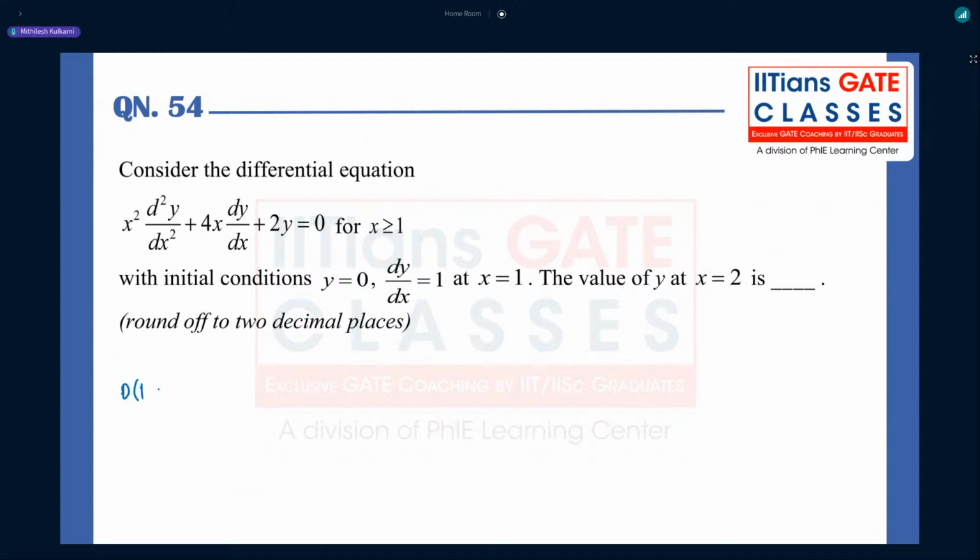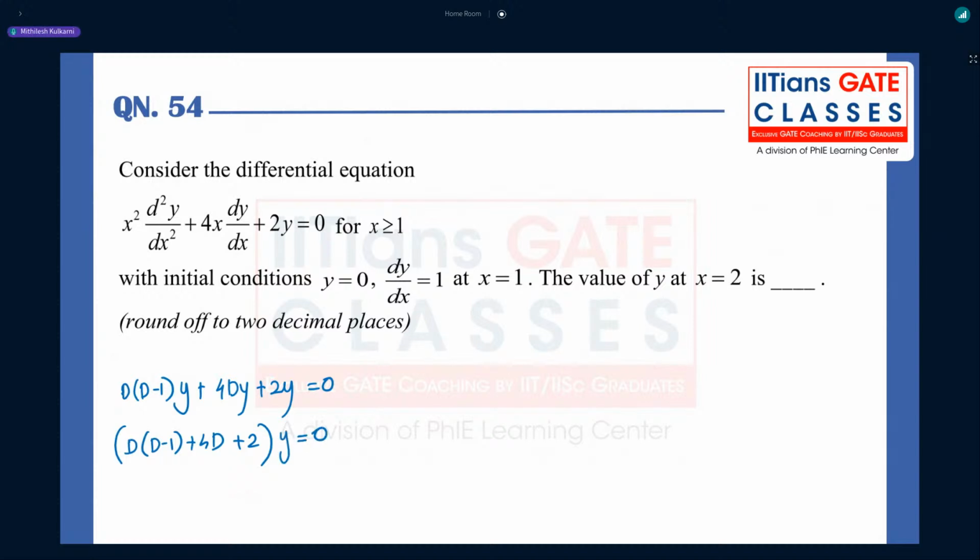D into D minus 1 into y plus 4 Dy plus 2y equal to 0. And if you take y common, D into D minus 1 plus 4D plus 2 times y equal to 0.